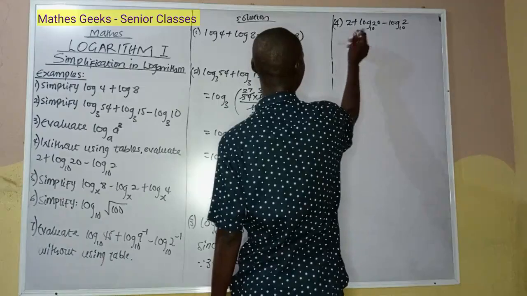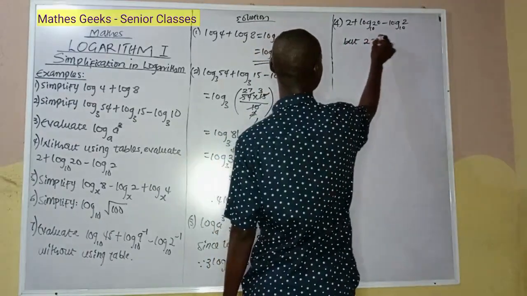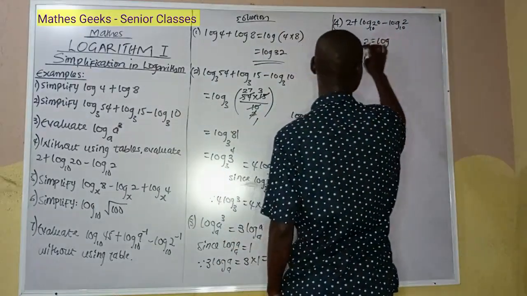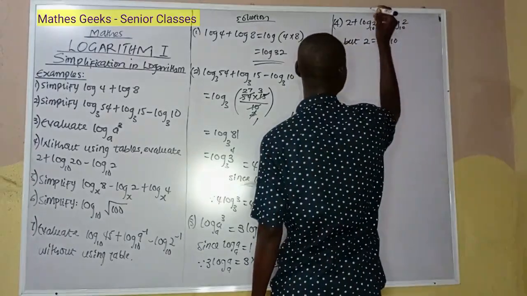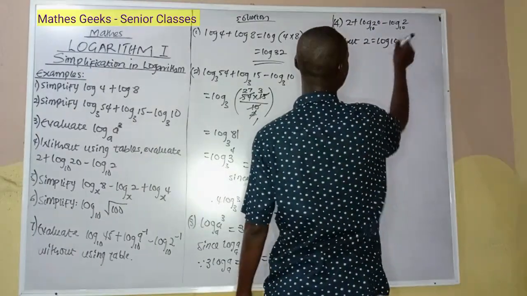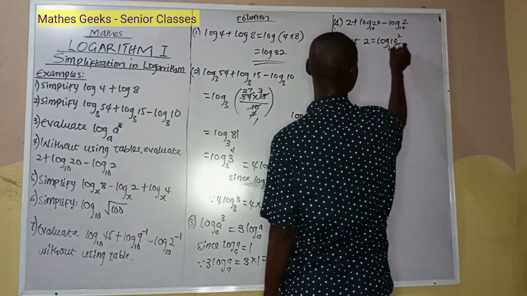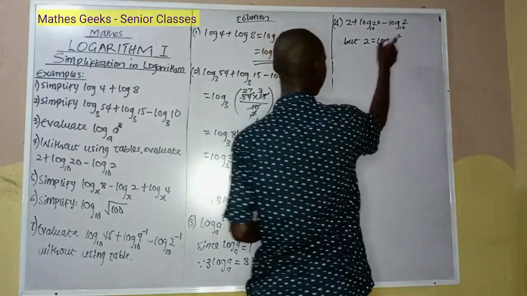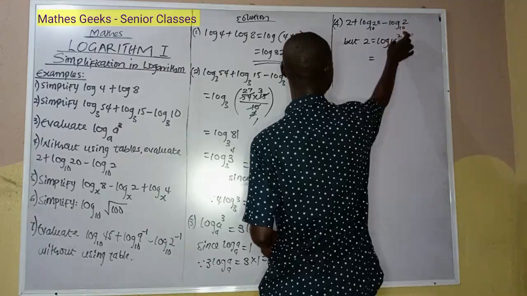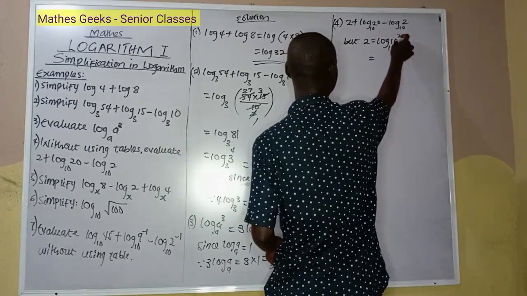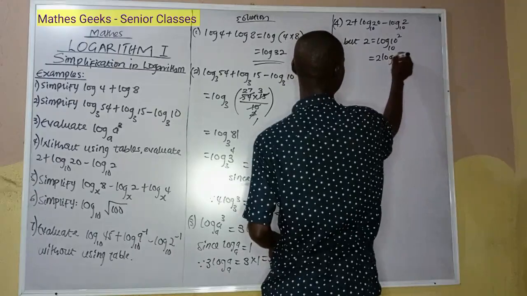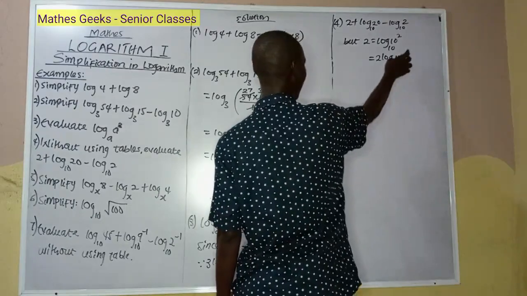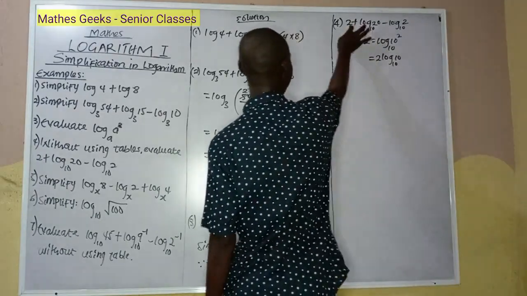We're going to say 2 is equal to log of 10 raised to power 2 to the base 10, since the common base is 10. Since it is in index form, bring the 2 backwards: 2 log 10 to the base 10. The logarithm of 10 to the base 10 is equal to 1, so 2 times 1 is equal to 2.